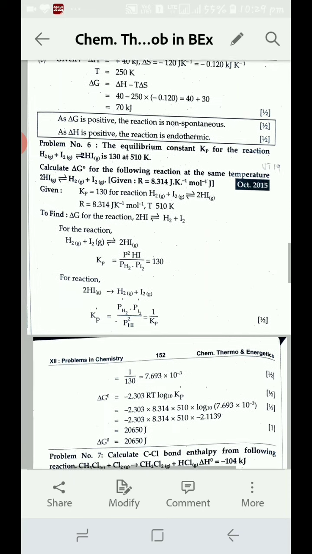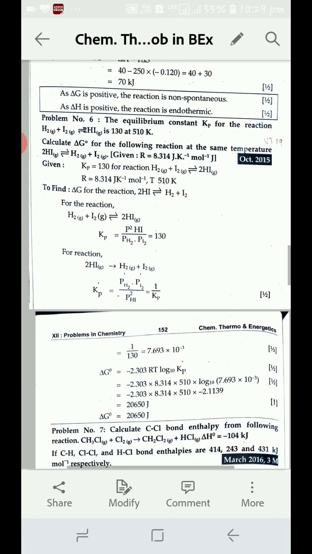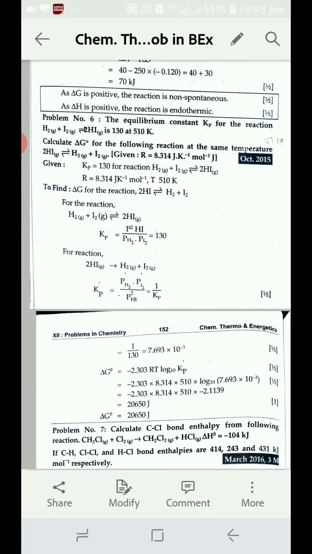Now the next numerical is: calculate the C-Cl bond enthalpy from the following reaction: CH3Cl, methyl chloride, plus chlorine gives methylene dichloride plus HCl. The value of standard enthalpy change for this reaction is given, and if bond enthalpies are given, then you have to calculate the bond enthalpy of the C-Cl bond.